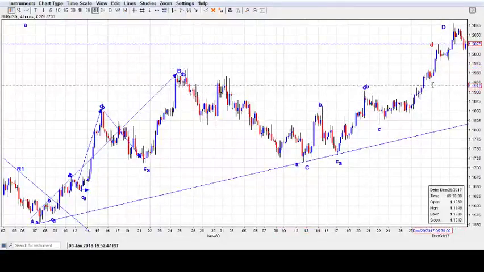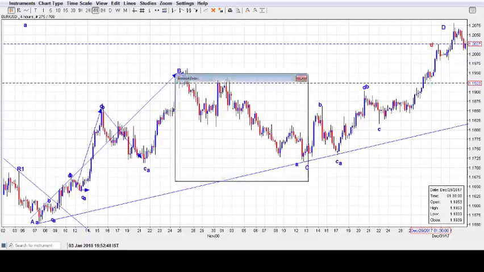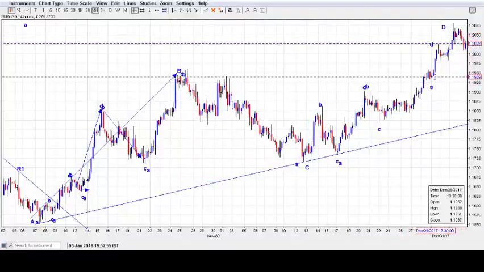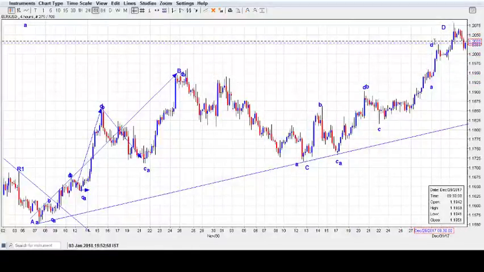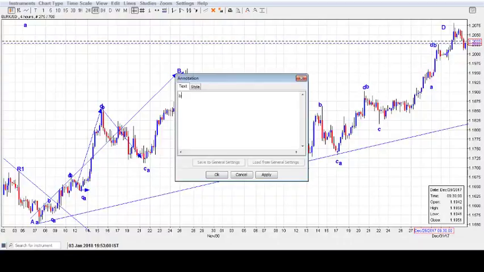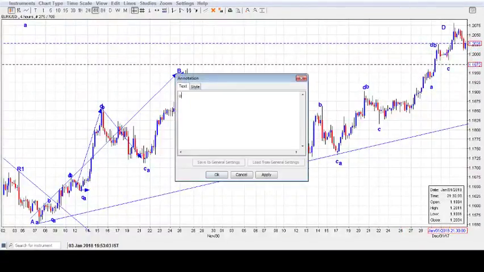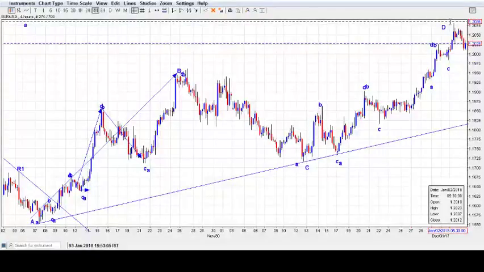I'm going to make this my A, because there is a low here, and I'm going to make a B, and then I'm going to make a C here, and I'm going to make a D there.